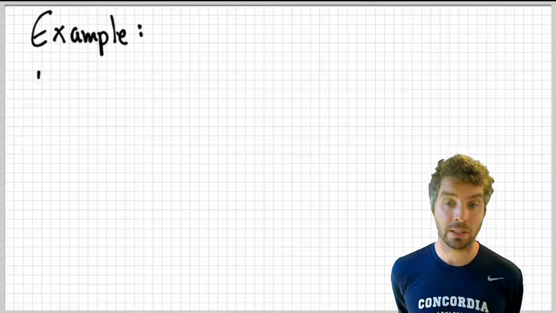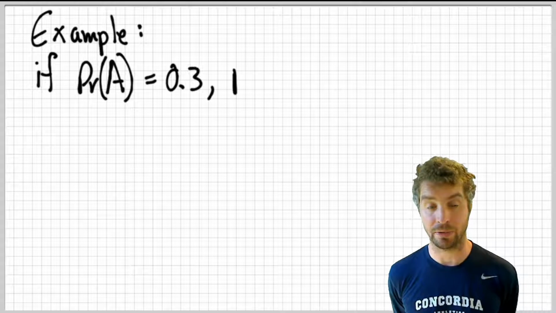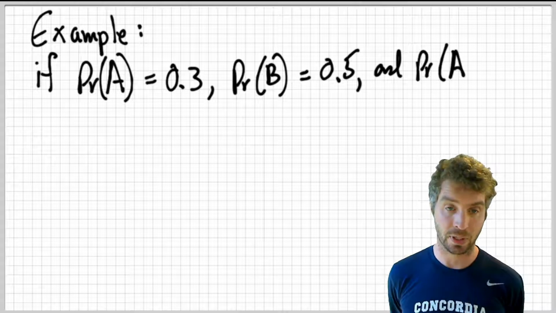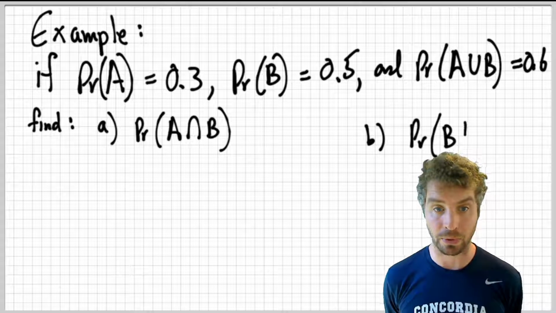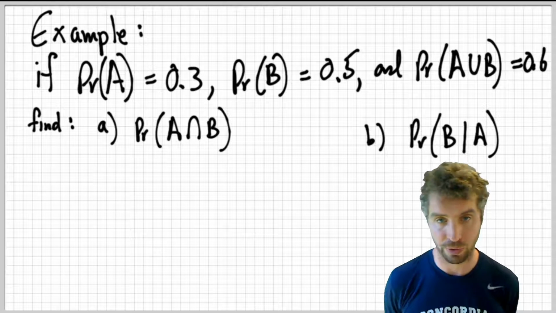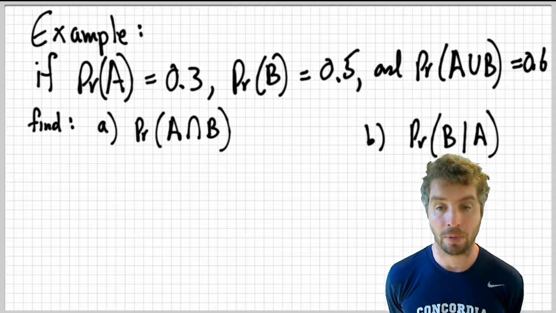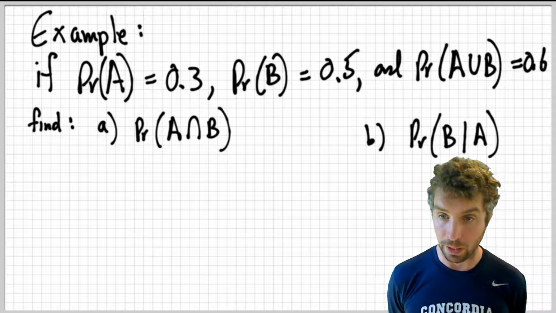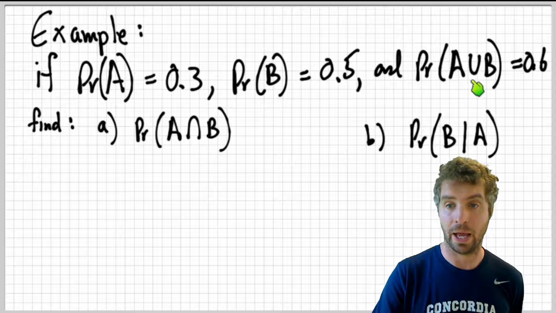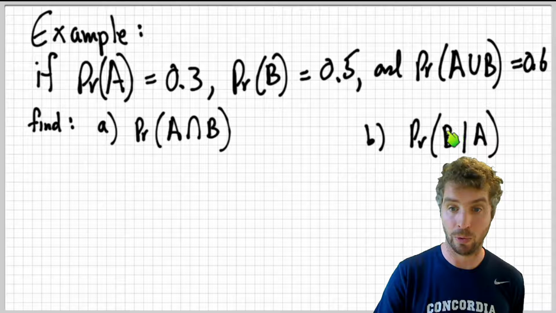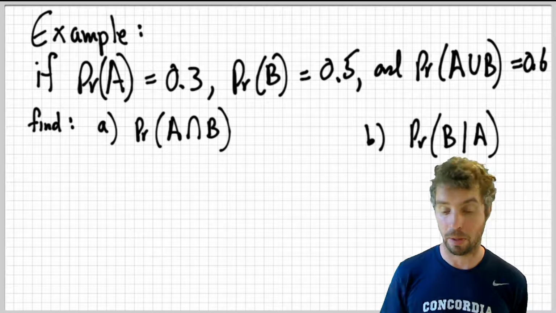Okay, well, let's look at an example. All right, and in this first example, not the Venn diagram one, it's coming later, we're just given a bunch of numbers. It just says probability of A is 0.3, probability of B is 0.5, probability of A union B is 0.6. Okay, now notice that is not the thing that we just plug straight into the formula for the conditional probability.